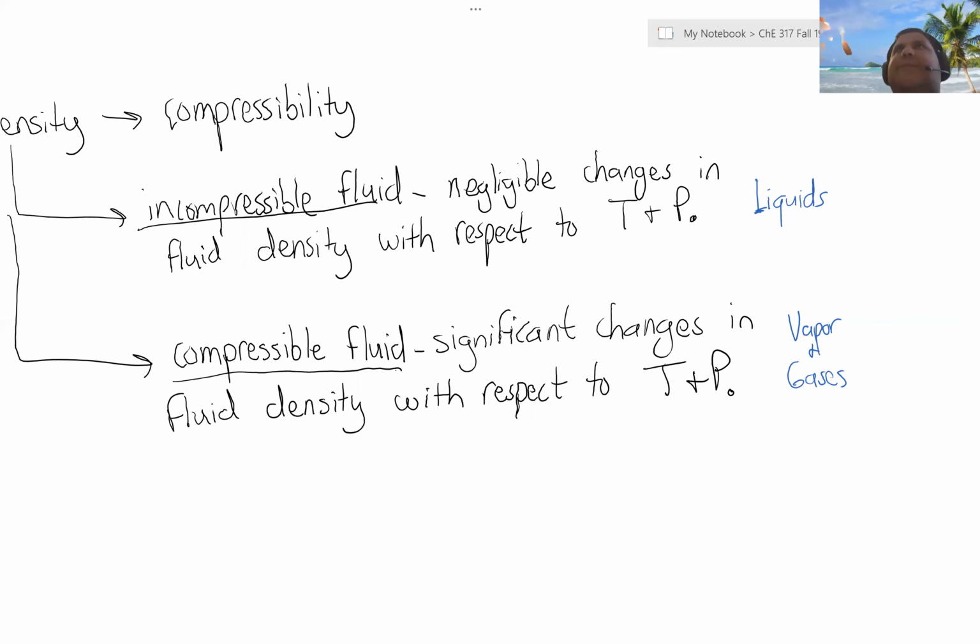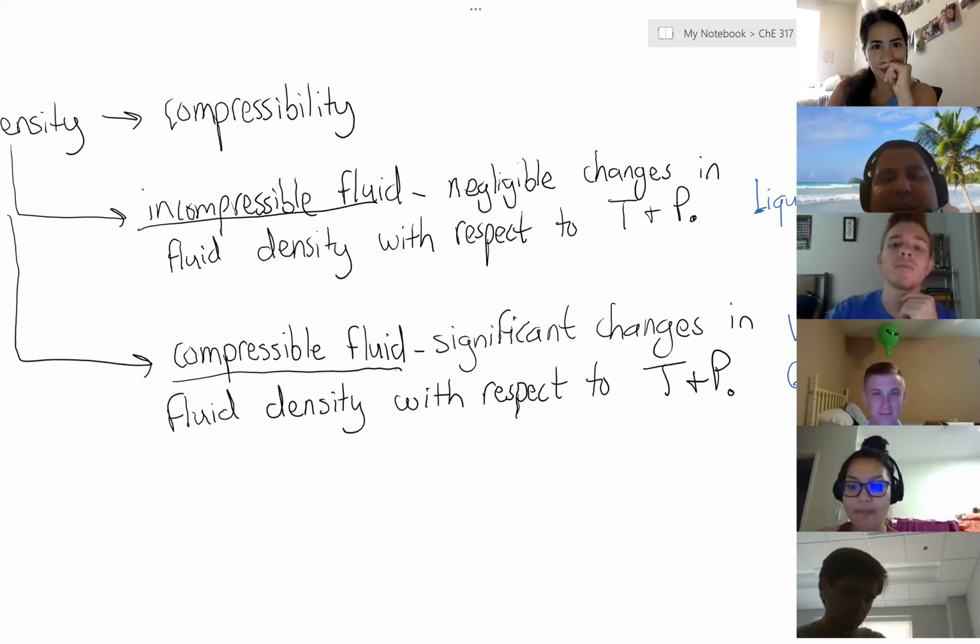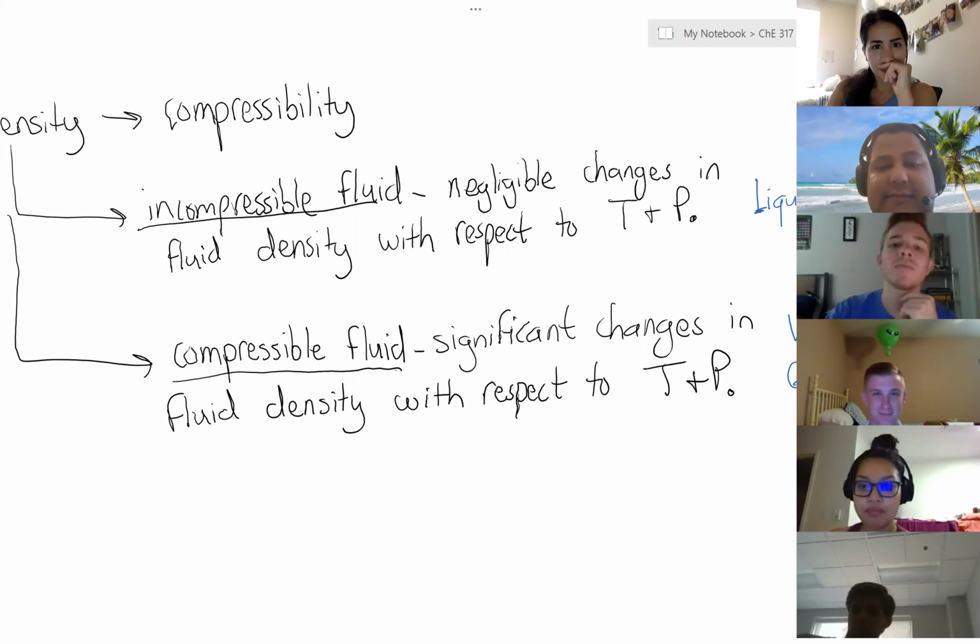However, in general, beyond those regions, we can largely consider liquids incompressible fluids, and compressible fluids will be mainly vapors and gases. And at the same time, if your delta P is small or your delta T is really small for a gas, there are instances where we consider them to be incompressible for the purpose of making calculations much simpler. Is everyone with me on that discussion? Yes?